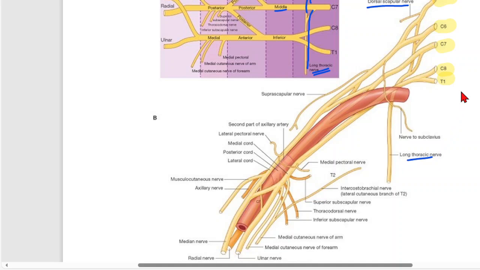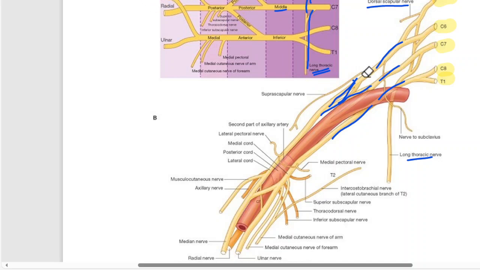Now this is the superior trunk, this is the middle trunk, and this is the inferior trunk. From this area the branches go on. This is the anterior division of the superior trunk, the anterior division of the middle trunk, and the anterior division of the inferior trunk.